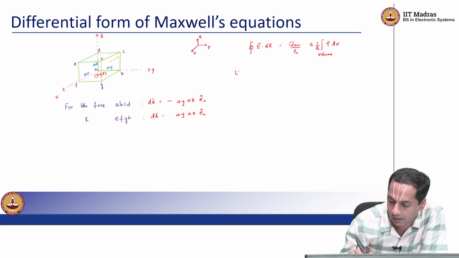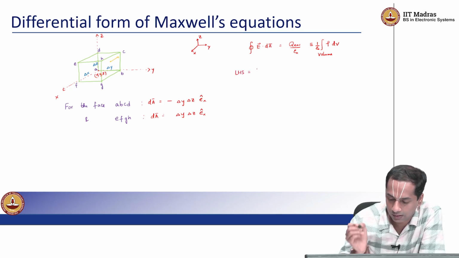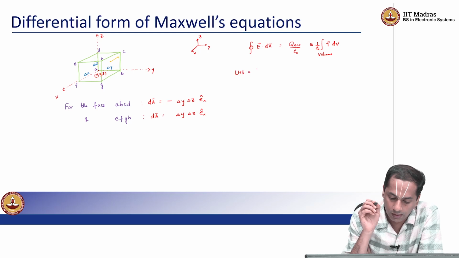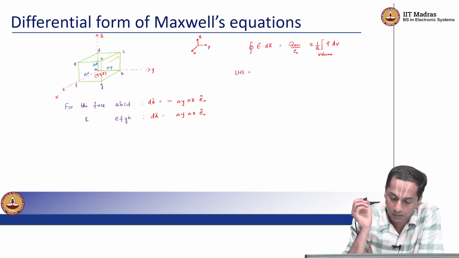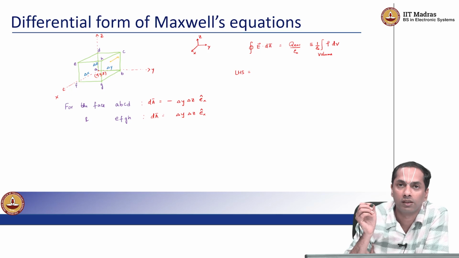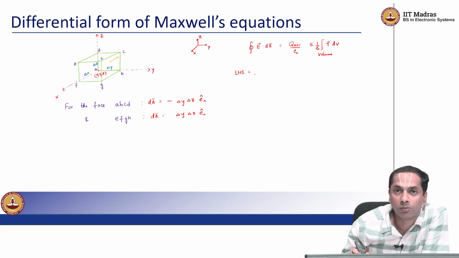So on the left hand side, remember that when I do the dot product with dA, all that will be left is the Ex component; the other two components drop off.